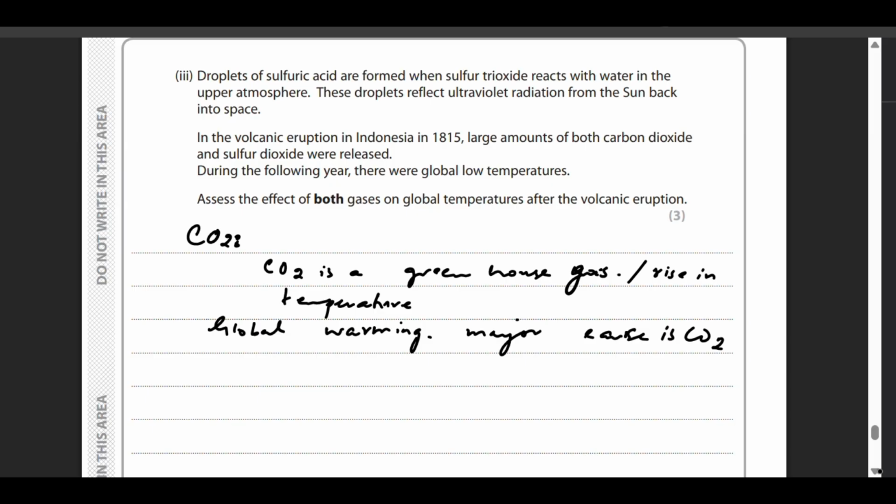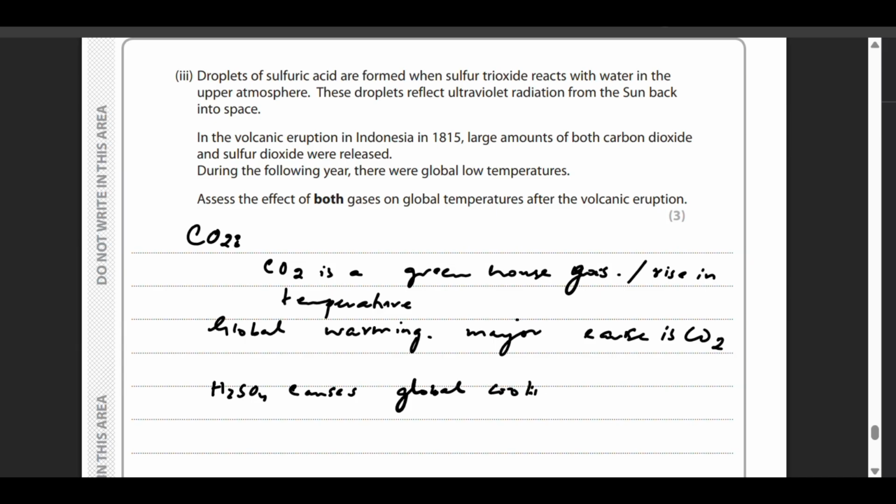Now you need to assess the effect of both gases on the global temperatures after the volcanic eruption. So, you know, droplets of sulfuric acid are formed when sulfur dioxide reacts with water in the upper atmosphere. These droplets reflect ultraviolet radiation from the sun back into the surface.